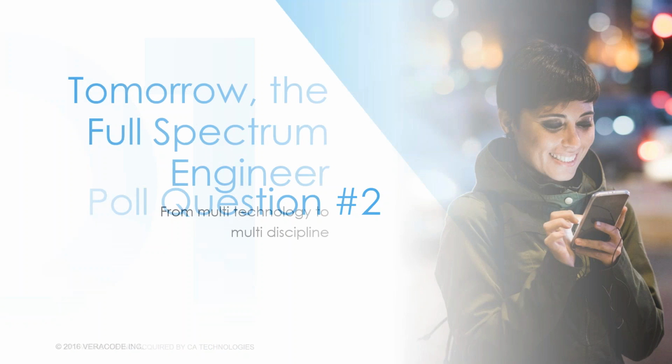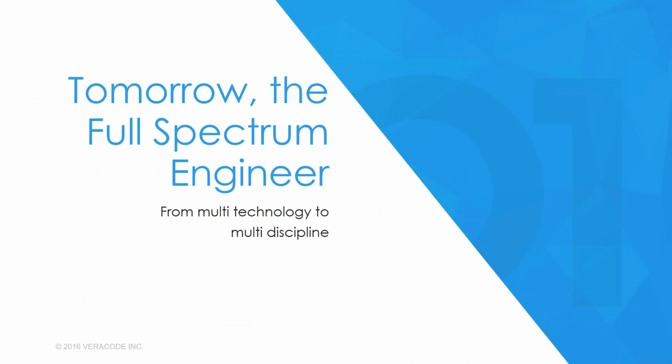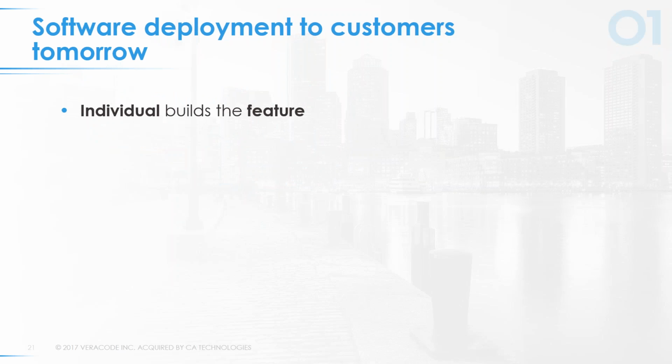All right, thanks. So let's look at tomorrow. We looked at today, which was those segments of responsibility across the spectrum. Now, as we take a look at what's happening today when people are creating software, whether this be some kind of basement project, a hackathon project, or a proper functioning DevOps team, today the individual takes the story and builds the feature.